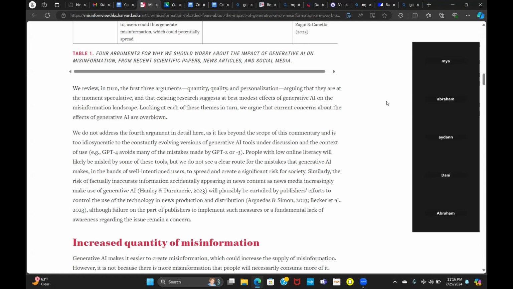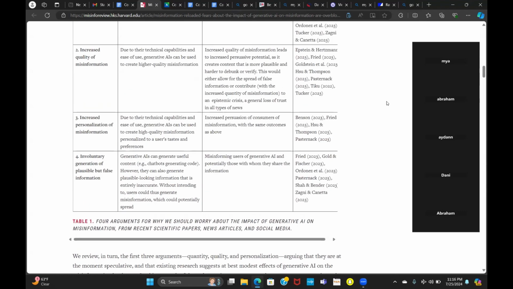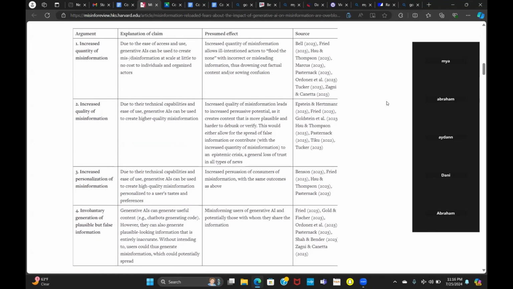Can you scroll back up to the table for a moment? And the increase of personalization of misinformation too, because it can tailor it based off of the prompts directly to what it thinks appeals to you, to get that message and persuade you. So that's kind of scary too.